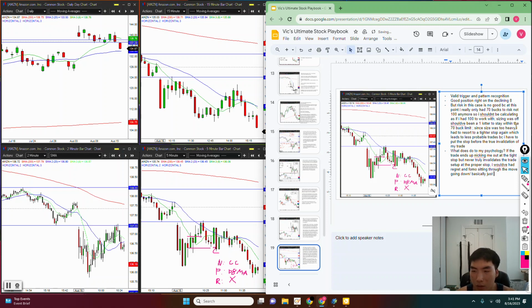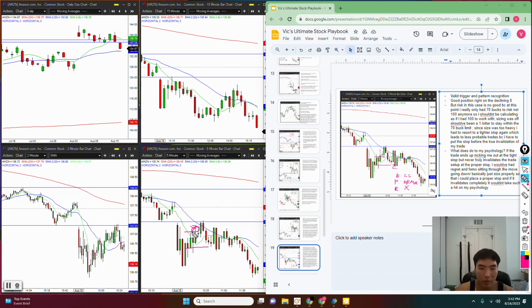Basically, just size properly so that I could place a proper stop. And if it invalidates completely, it wouldn't take such a hit on my psychology. Simple like that. 1 lot here, 1 lot here. I could have afforded a full stop.